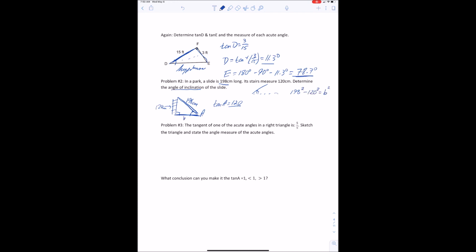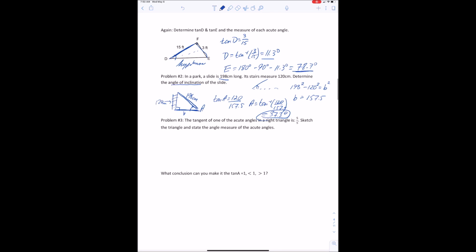I'm going to call that the base. And if I do that, it turns out to be 157.5. So I'm going to put that into the calculation, and I do the inverse tangent of that ratio. And it turns out that A is 37.3 degrees, and that's the angle of inclination of that slide.